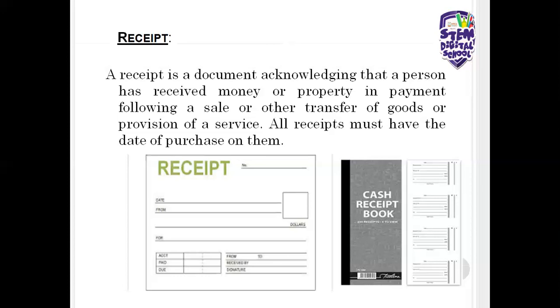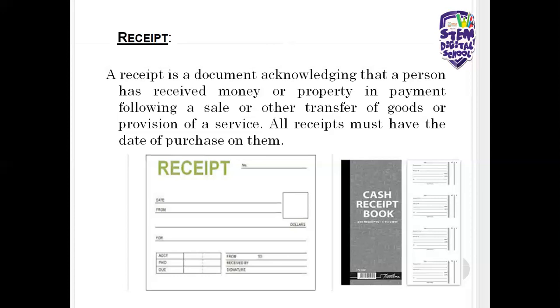And then if you go a little bit down, on the right hand side bottom, you will see the person that wrote out the receipt must sign there. And then on the right hand side, I've put the picture of a cash receipt book. I think if you see the picture, that is quite familiar to you guys. You see there are 4 receipts on one page.